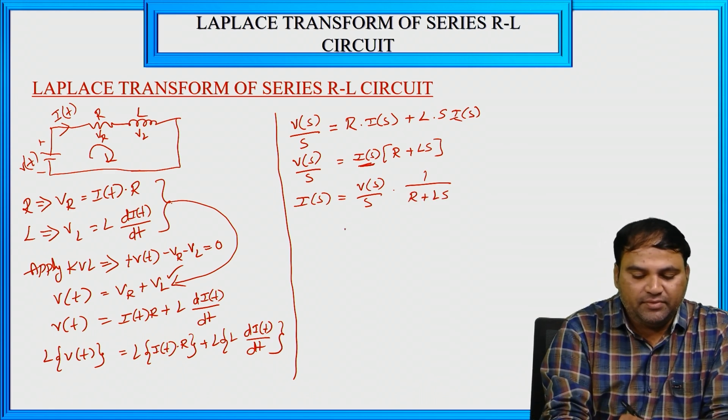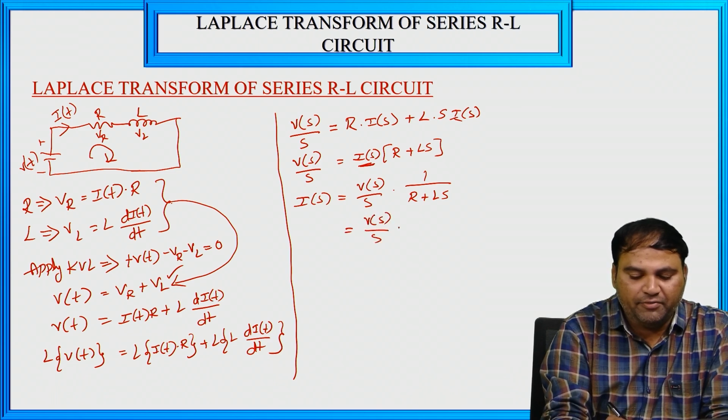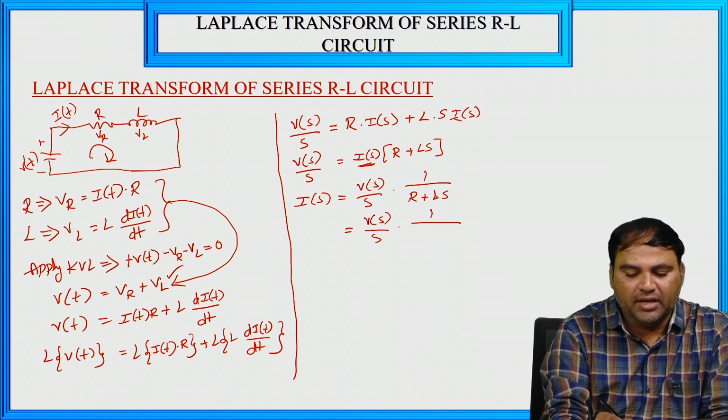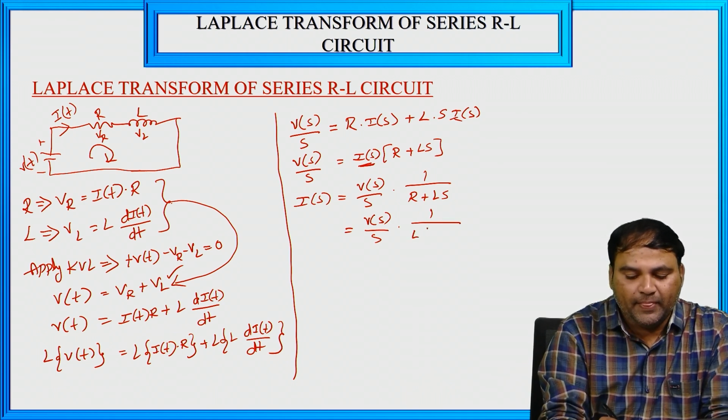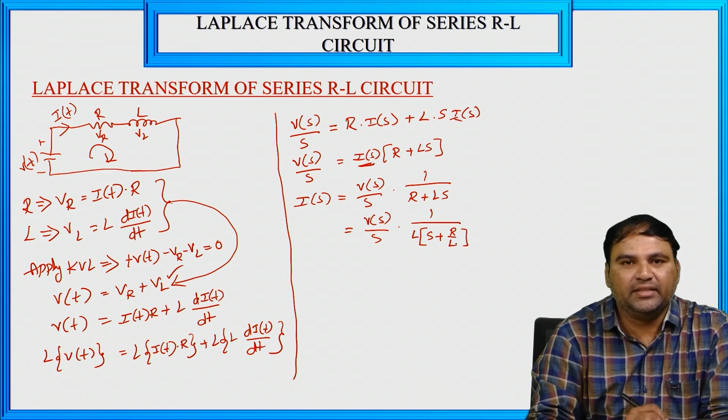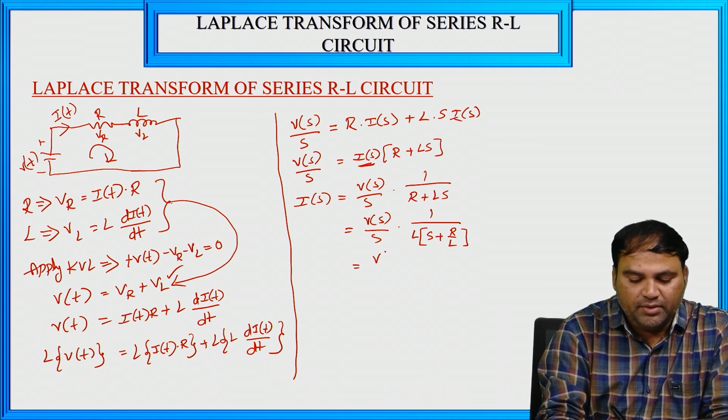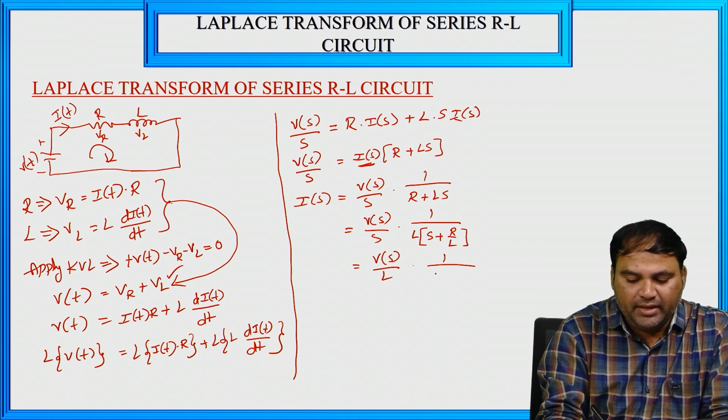Taking L as a common term, this is V of S by L into 1 by S into S plus R by L.